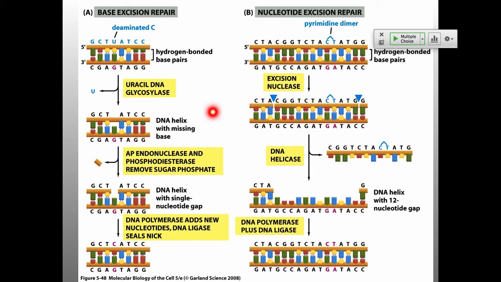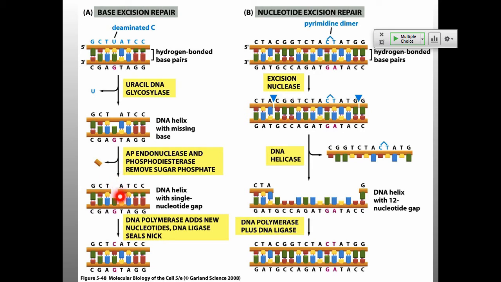AP sites also happen spontaneously, and this seems to be the most frequent kind of DNA damage, just by depurination, which happens. The purines fall off, so adenines and guanines just fall off of the sequence. So once you have one of these AP sites, then there's an endonuclease and a phosphodiesterase, which you could also call an exonuclease.